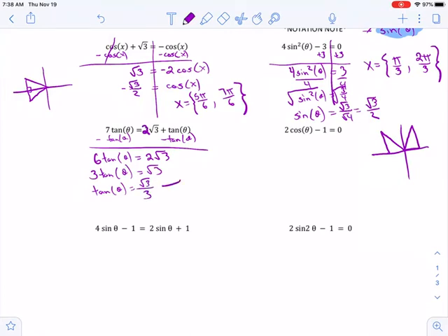What I can say about this, and what we'll check in on, is that this is either going to be some multiple of 30 or 60. What I would do is take the tangent of pi over 6, take the tangent of pi over 3, and figure out which one gives you that square root 3/3.